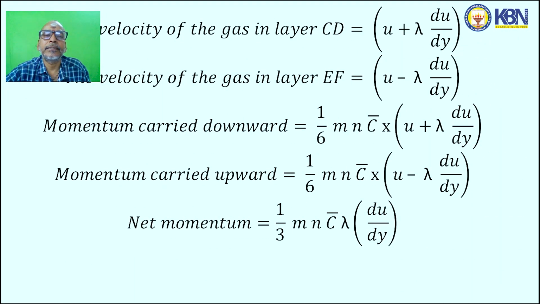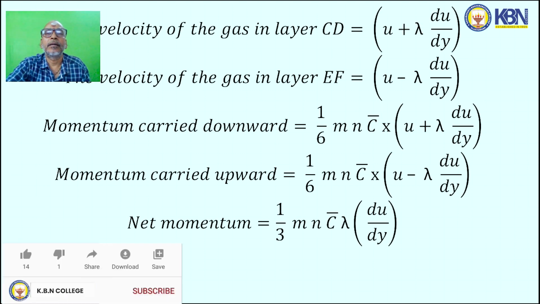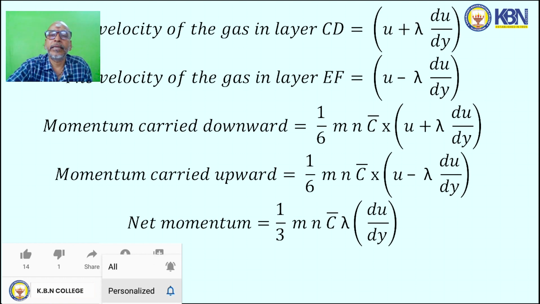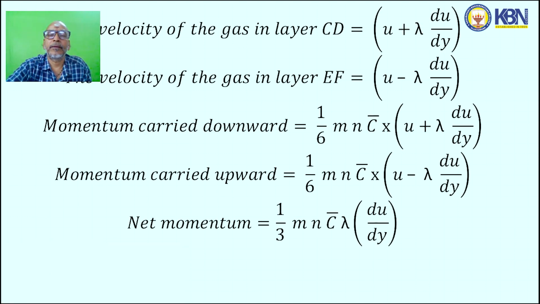For the derivation, there are three different layers, and the velocity is different in each. In the layer CD the velocity is more, in layer EF the velocity is low, and in the middle layer the velocity is u. Here m is the mass of the molecule, n is the concentration, C bar is the average speed, and lambda is the mean free path.